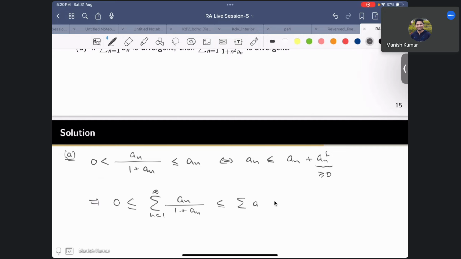And you know that this is convergent, so this is finite, some finite real number. Okay, so the comparison test tells you that this is also convergent, by the comparison test, and it is also some finite real number.